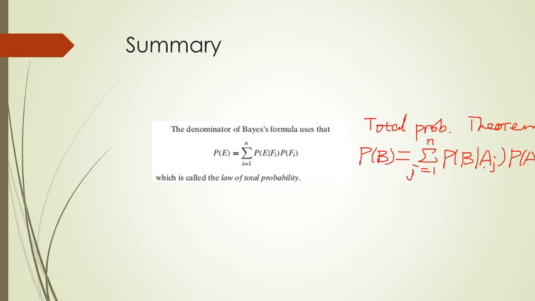This conditional probability means given the j-th cause has occurred, what is the conditional probability of the effect B occurring? Okay, that is different. So that is the total probability theorem. In our textbook, they call it the law of total probability. They are the same. They just would like to use the letters E and Fi.